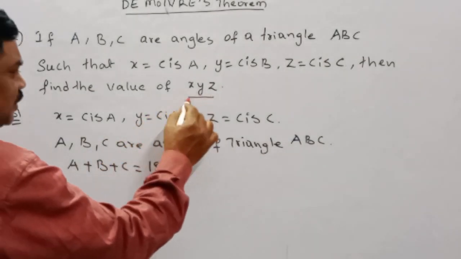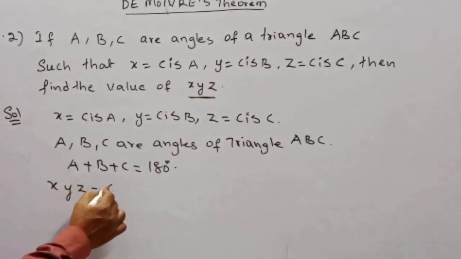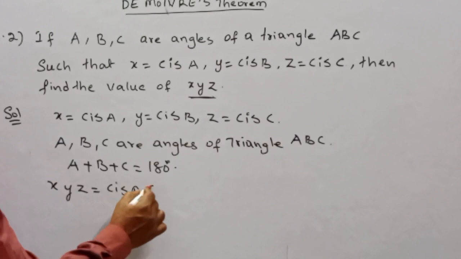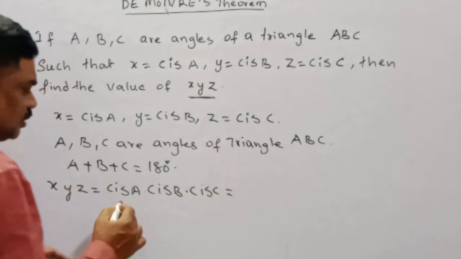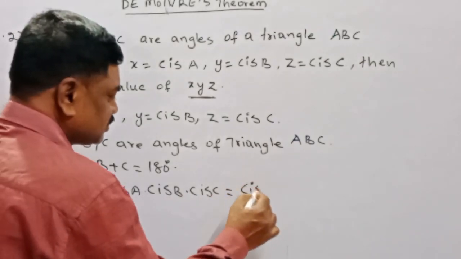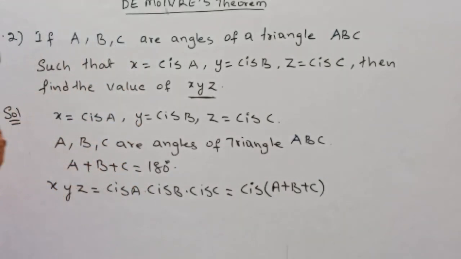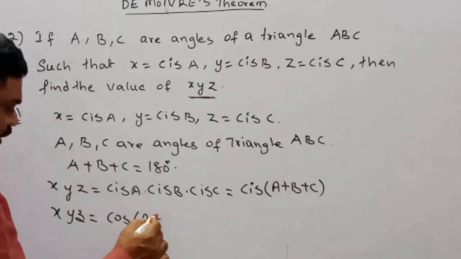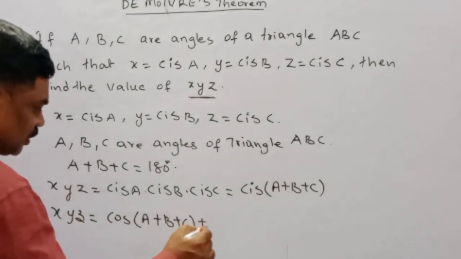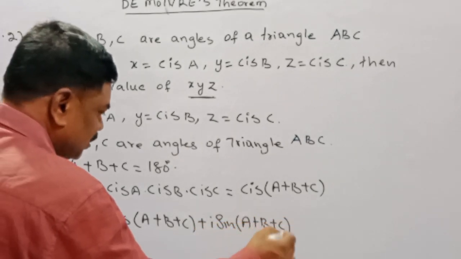So we have to find xyz. xyz is equal to cis A into cis B into cis C, which can be written as cis of A plus B plus C. Okay, all of you. So xyz is equal to cos of A plus B plus C plus i sin of A plus B plus C.